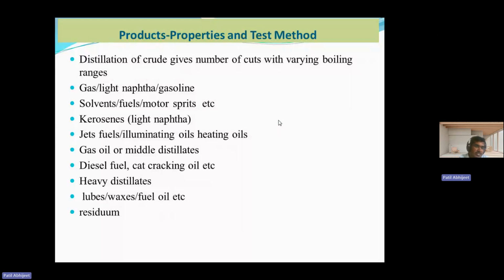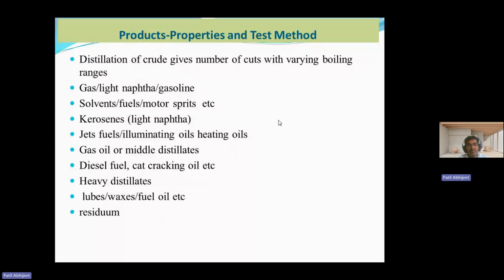Then certain middle distillates are also formed. These may include gas oils, liquid oils, and diesel-based fluids, and these are what we call middle distillates. The primary products are gas, light naphtha, or gasoline. Light naphtha we also call kerosene. So the major products here are gas, LPG, kerosene, and gasoline, that is petrol.